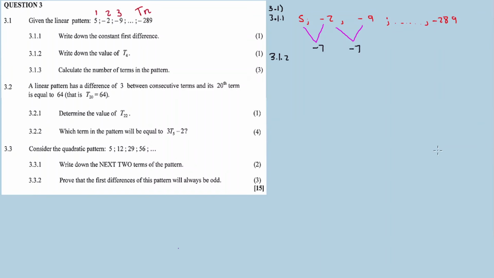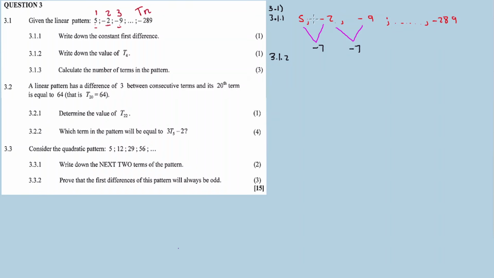3.1.2, write down the value of T4. So this is T1, T2, T3, and then term number 4. How do we find it? We take the constant first difference and add it to minus 9, which gives us T4. Why do I say so? Because when you add minus 5 and the common first difference, you get negative 2.